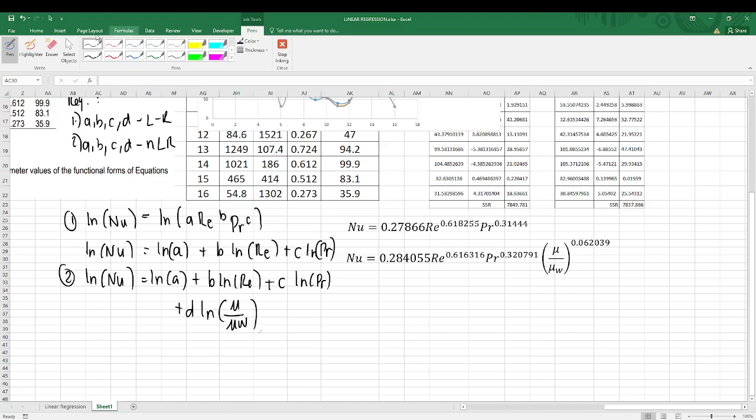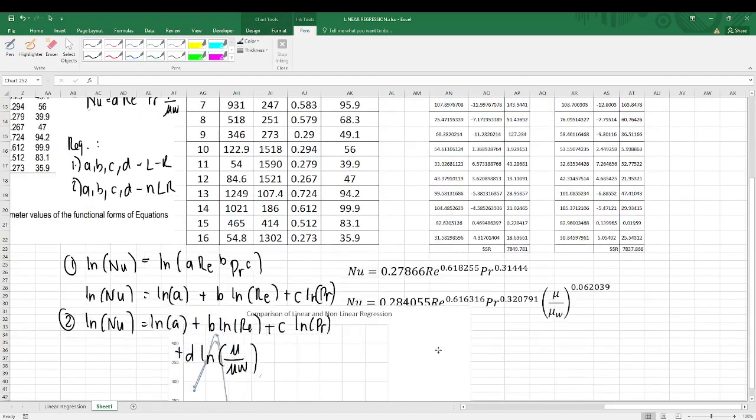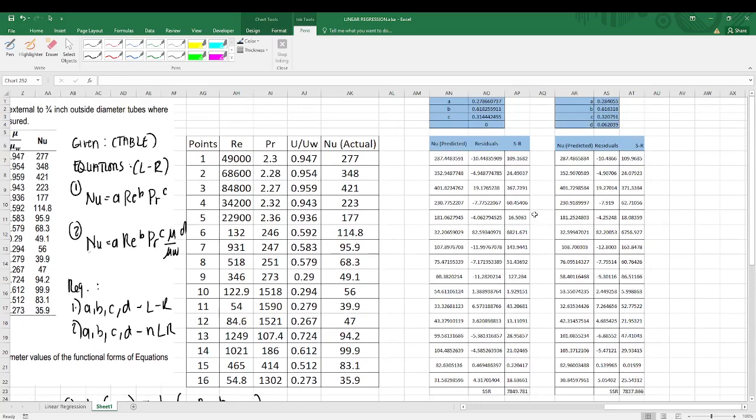So let's do that instead of the original equation. So let's create again a table. Let's copy this one.